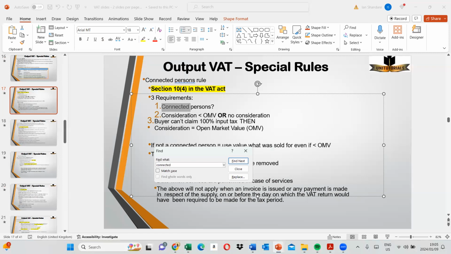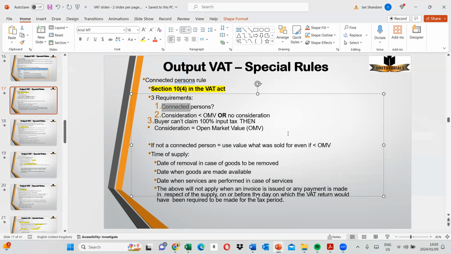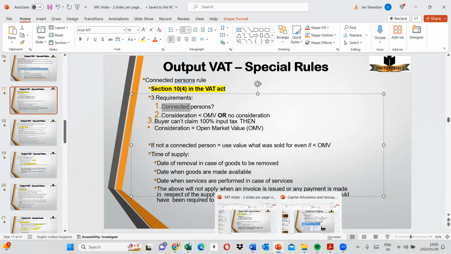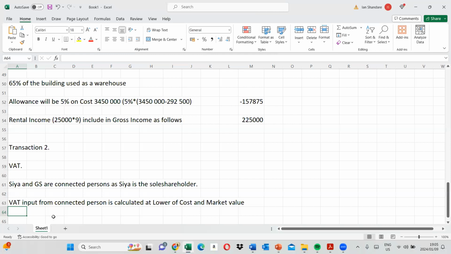You see, so connected person, all right? Consideration less than open market value or for no consideration. Now you claim VAT input, all right? In this regard, you claim 100% input tax, then consideration equal to open market value. So in this regard, our buyer, all right, who is GS, is a connected person.